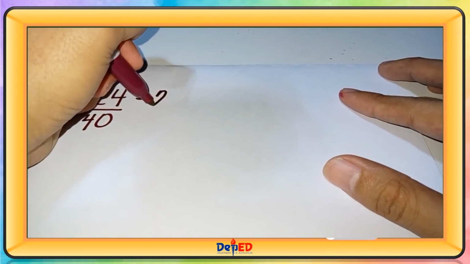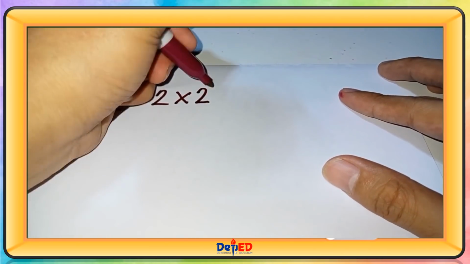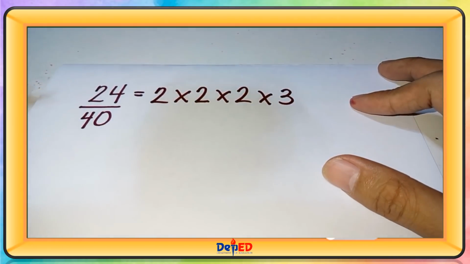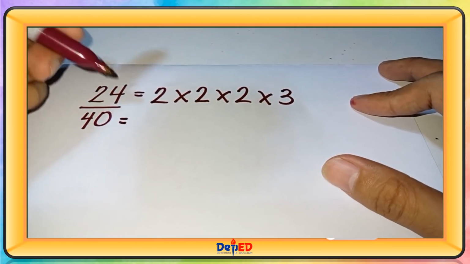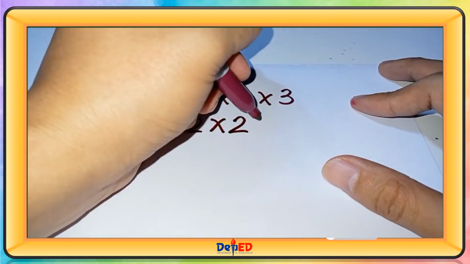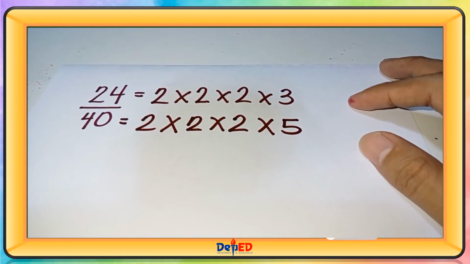24/40. The prime factor of 24 is 2 times 2 times 2 times 3, while 40 is 2 times 2 times 2 times 5.